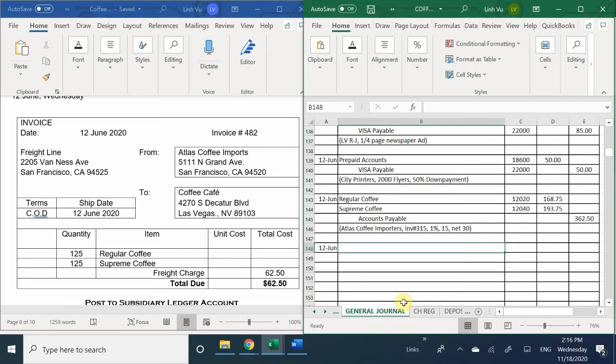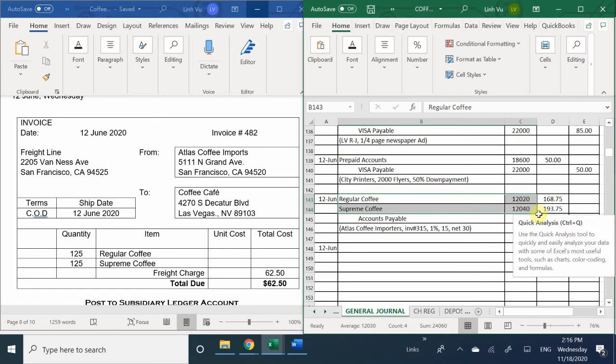You're just going to do it as a separate journal entry and make a note and then add it to your inventory? Correct. So what accounts am I going to be using? Because everything goes into inventory. That's what you mentioned earlier. So we'll do half into the regular coffee, half into the Supreme coffee. Good. And then instead of accounts payable, we will do checking because we're paying it up front.